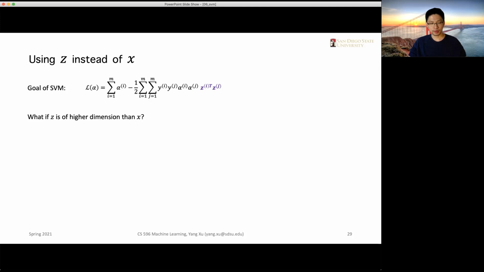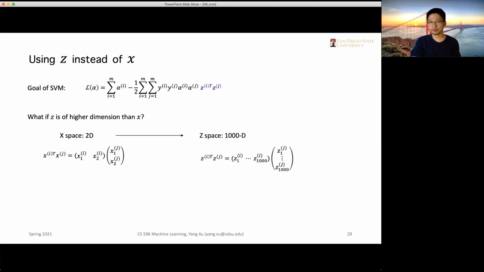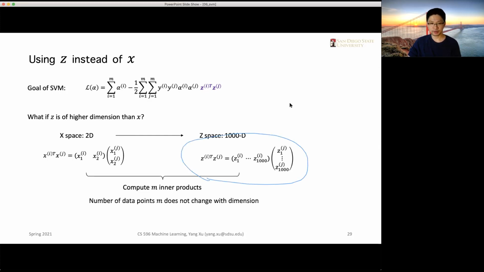This z space can actually be of higher dimension than x. For example, if x is in 2D space with dimensions x1 and x2, we can convert it into a 1,000-dimensional space z. Then the inner product in z space is between two very long vectors, but that is okay.